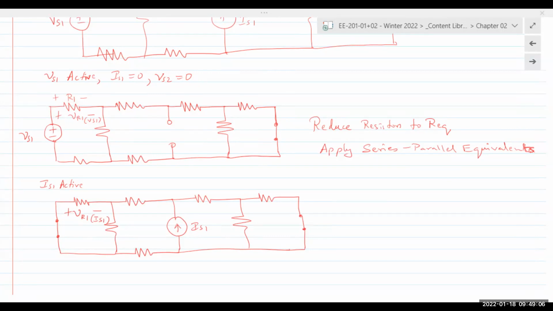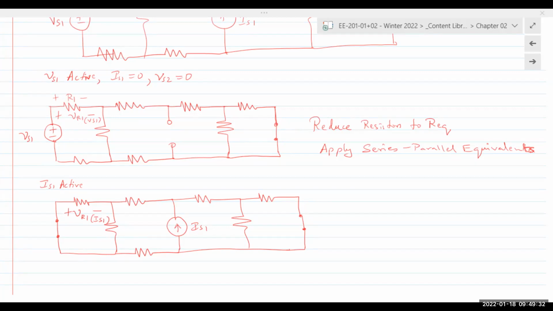The circuit changes because REQ is different, right? REQ is different because now we're looking into the circuit from the perspective of the current source. So you have to reduce the network of resistance again. It's a different circuit. I want to emphasize this again because you will use this concept again and again. When you find REQ for the first one, it is from the perspective of VS1.